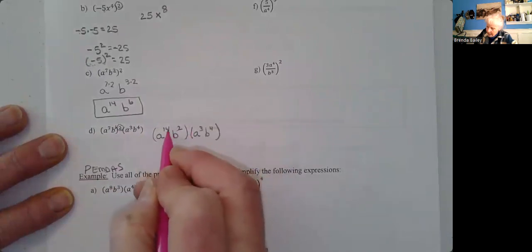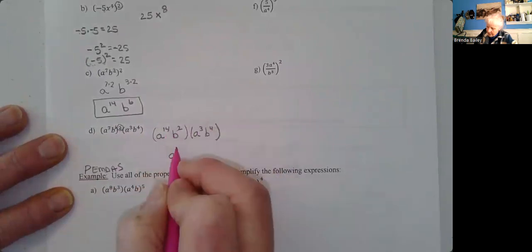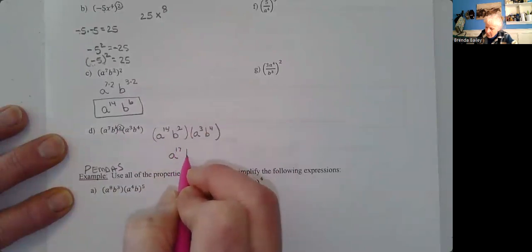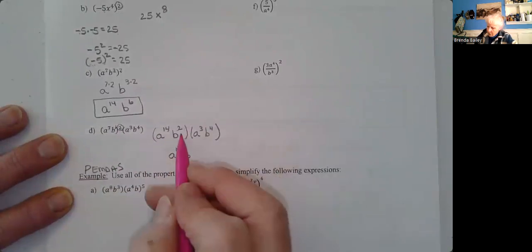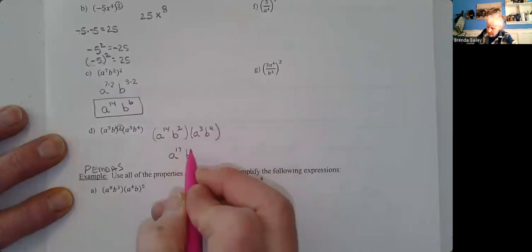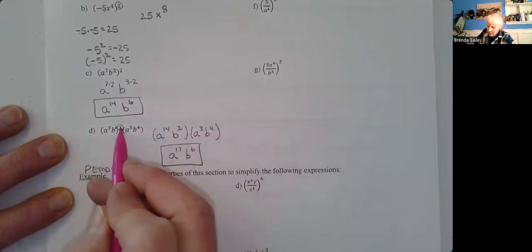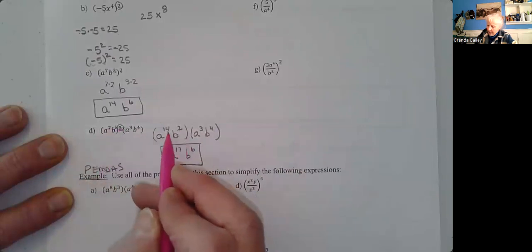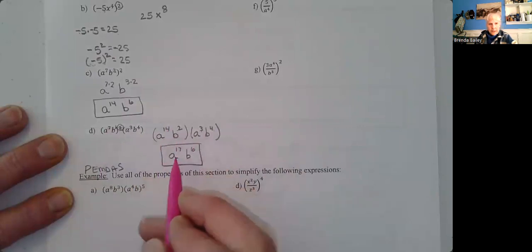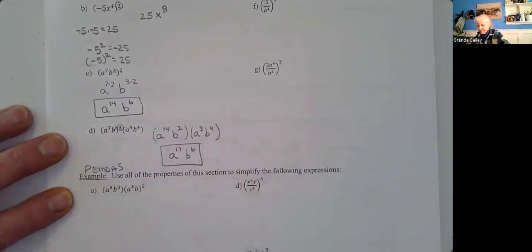So 14 plus 3 is 17. 2 plus 4 is 6. So we did our power to a power first using multiplication, and then using the product rule, we added exponents when the bases are the same. All right, let's go to another one.